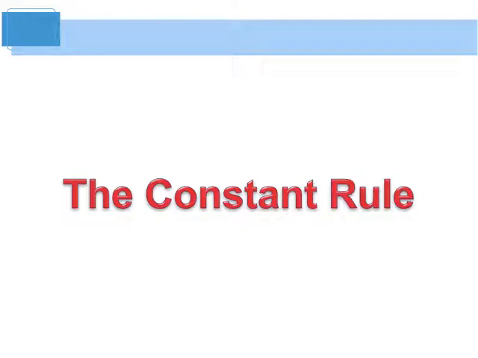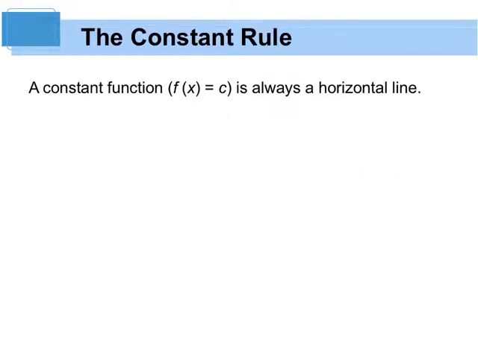Constant rule. Okay, so let's look at this. We have a constant function f of x equals c. C represents a constant, some number. Let's say, for instance, y equals 2. That's going to give us a horizontal line. Are we all in agreement on that?